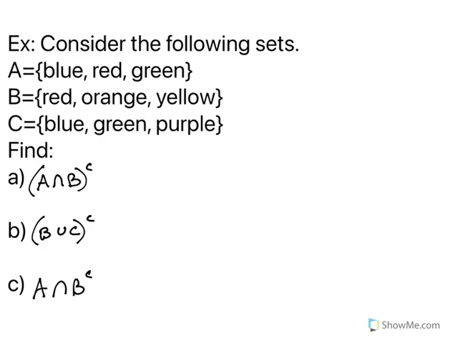So we're going to find three things. The first thing we're going to find is A and B complement. Now, before we really get into finding these, I want to just say, well, what is the universal set? Meaning, if we take all of these colors, what do we have? Well, we have red, orange, yellow, green, blue, and purple.